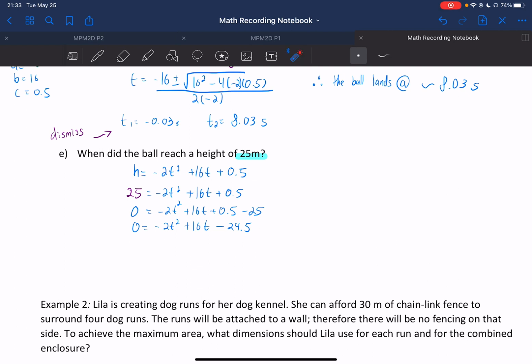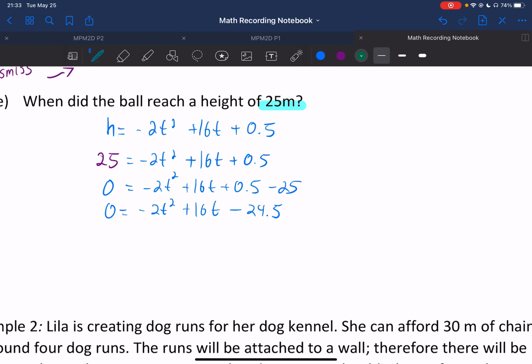At this point, what we're going to do is take this information and put it into our quadratic formula to find the points in which this new equation equals 0. And that is going to be the points in which the ball reaches 25 meters in height.